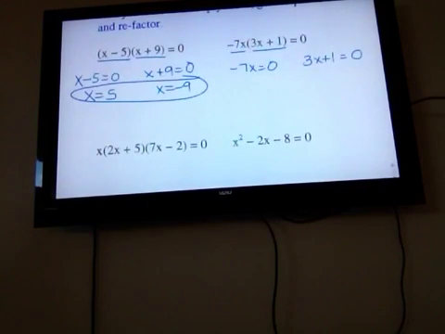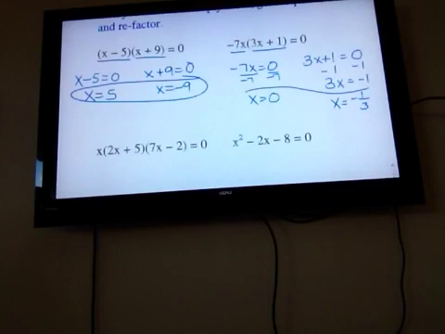And then you solve them. On this one, divide by negative 7, and x is 0. And on the other one, subtract 1. So 3x is negative 1, and then divide by 3, and I get negative 1/3. So 0 or negative 1/3.